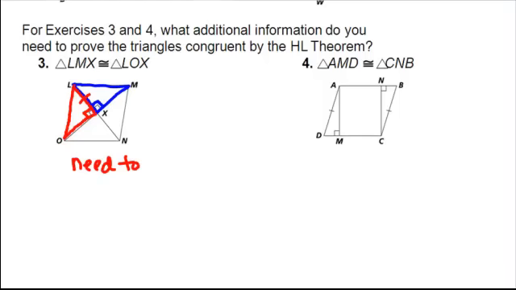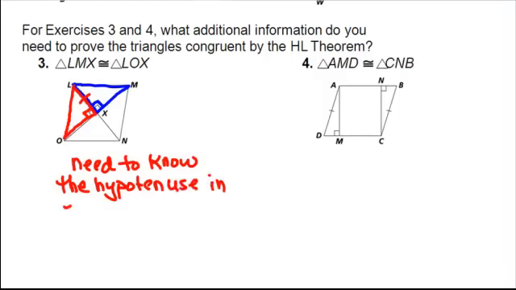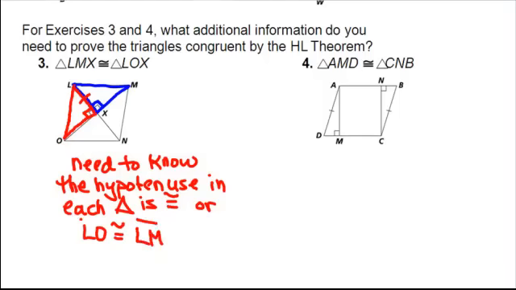So I need to know the hypotenuse in each triangle is congruent. Or I need to know LO is congruent to LM. That's what I would need to know.